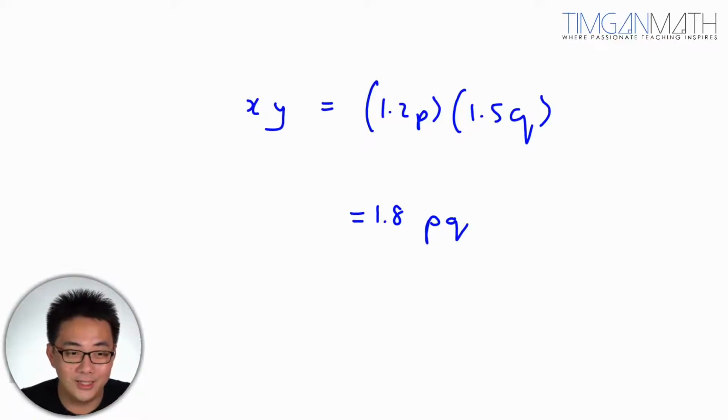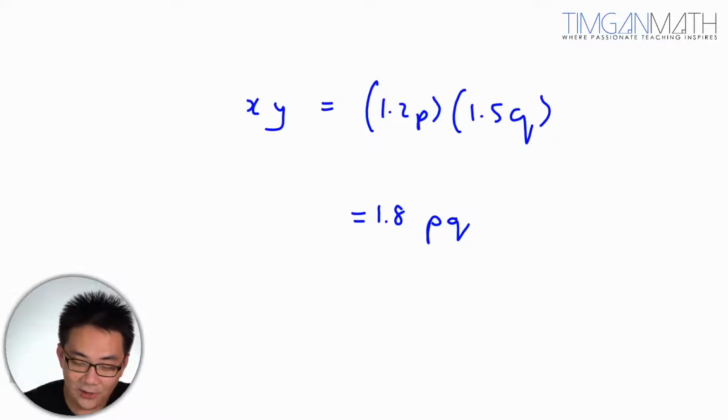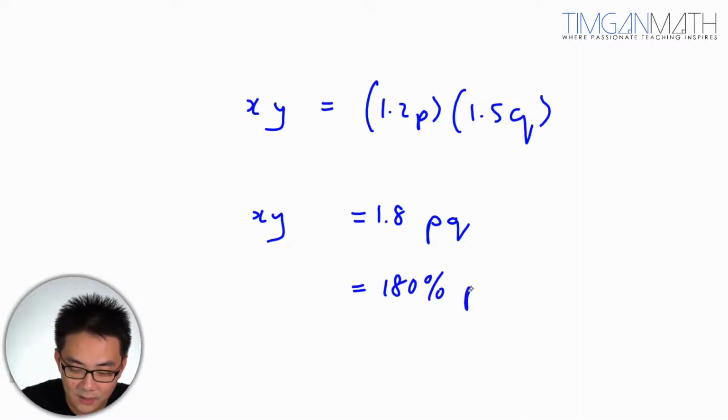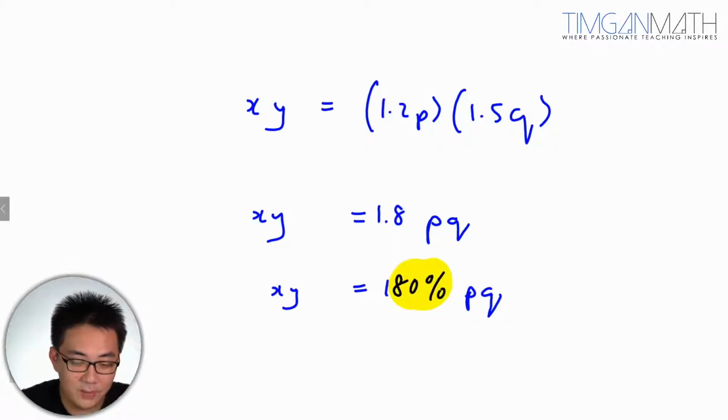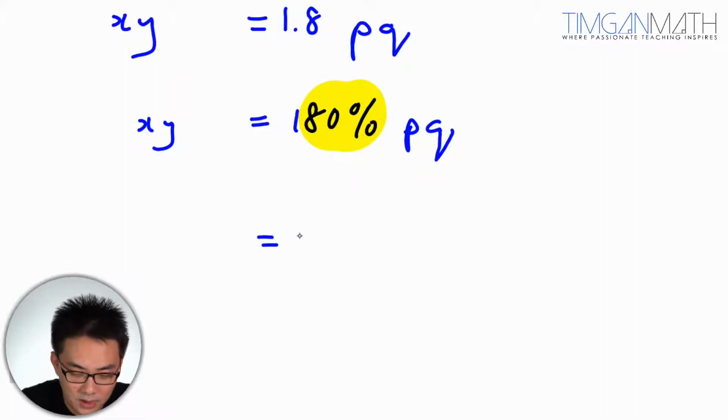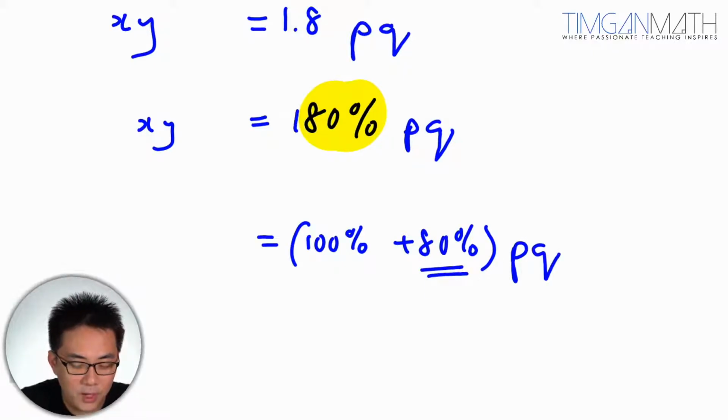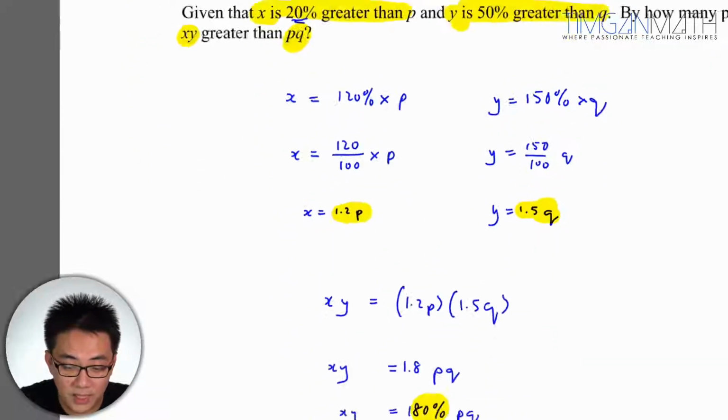So the question is, by how many percent is xy greater than pq? As you can see, xy is actually 180% of pq. The greater part is the 80%. So xy is 80% more. This is 100% plus 80%. What they are trying to ask is how much greater it is, so it has to be 80%.